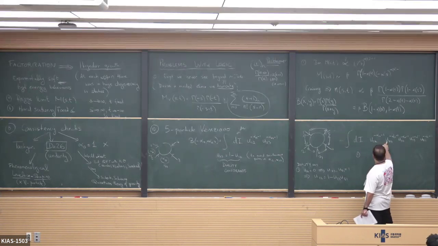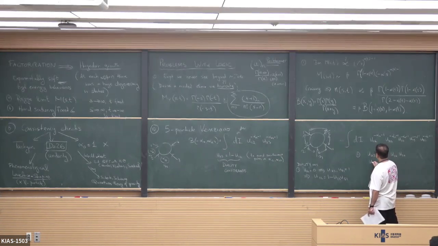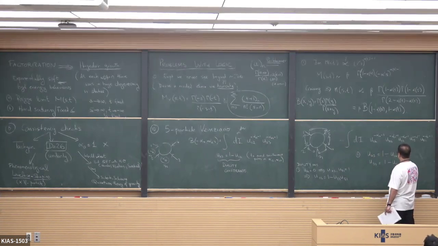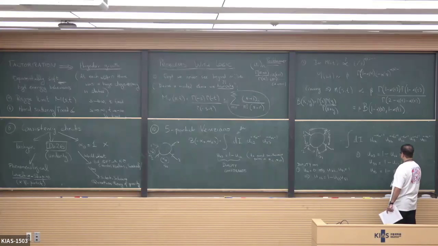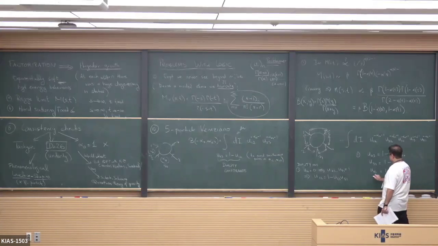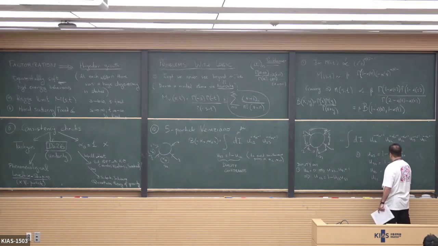Now what happens when U2,3 goes to 0? It's going to be 1 minus U1,2 U3,4. U3,4 is given by 1 minus U2,3 U4,5. U4,5 is 1 minus U3,4 U5,1. And finally, U5,1 is 1 minus U1,2 U4,5.